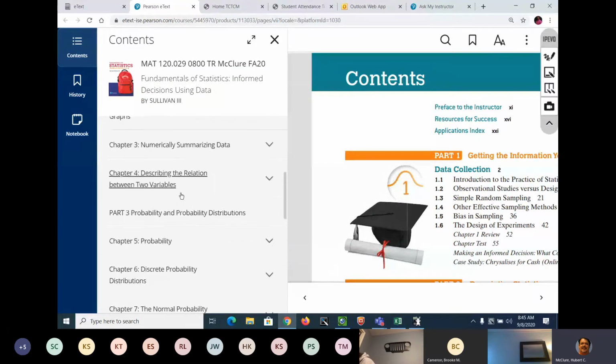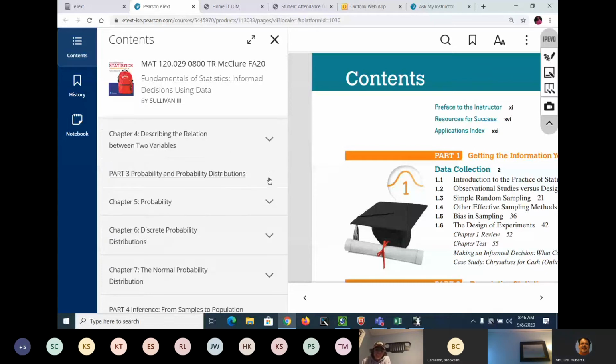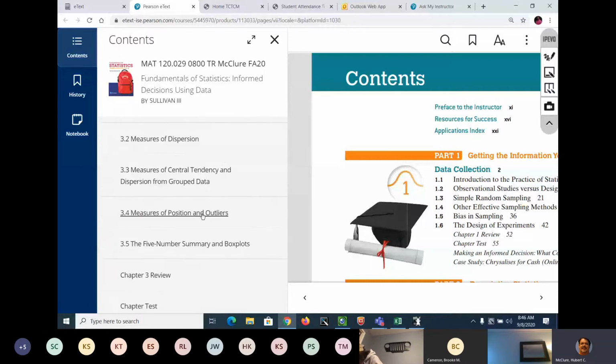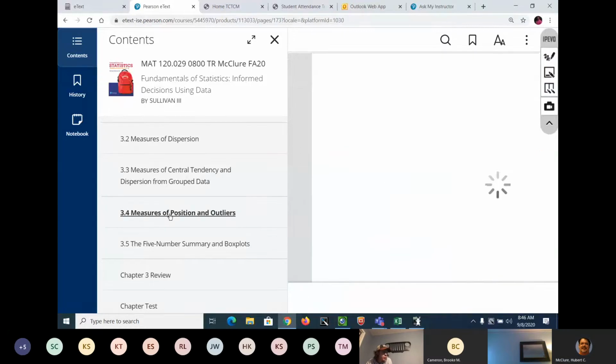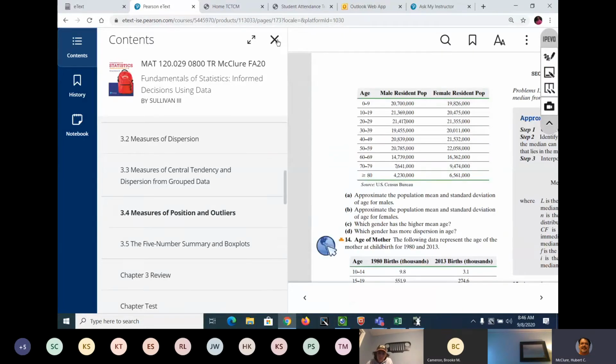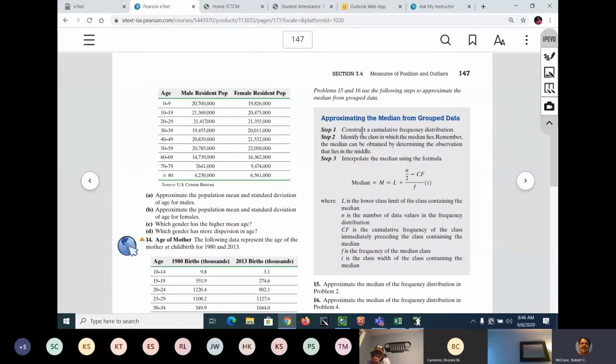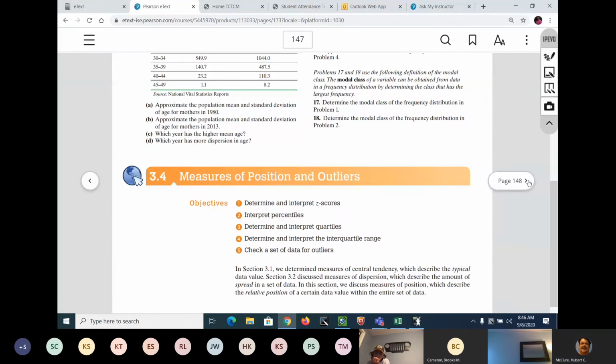I think it's 3.5, maybe. I think it's 3.4. It may not be. I may be totally wrong.